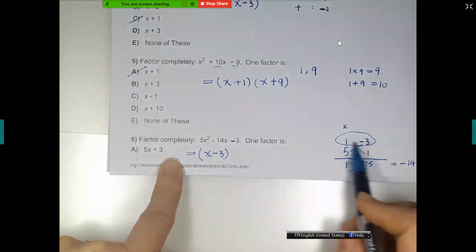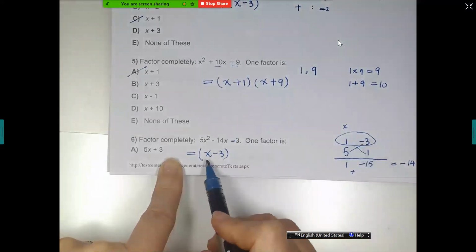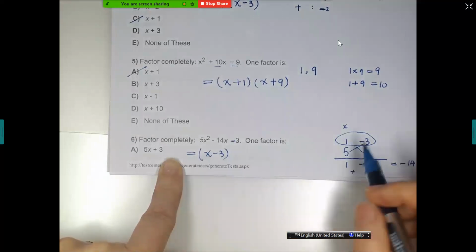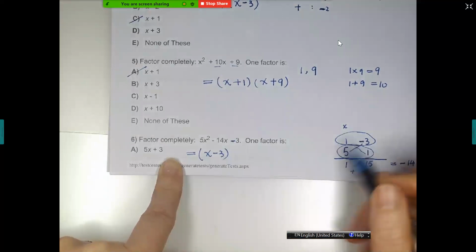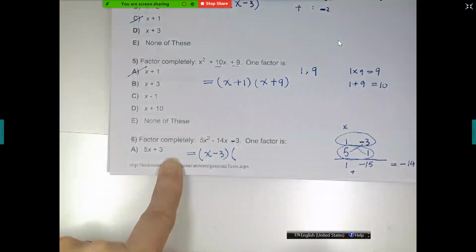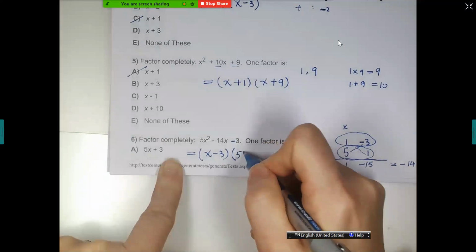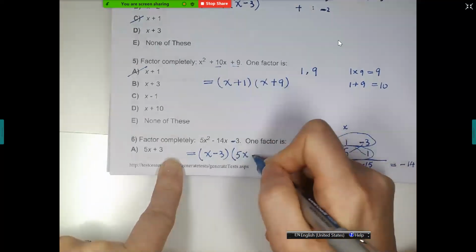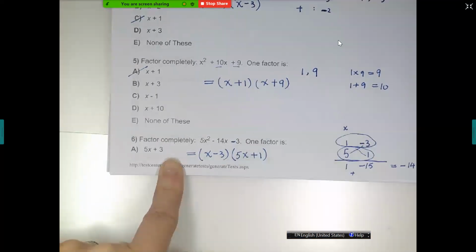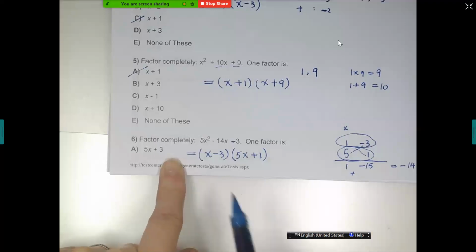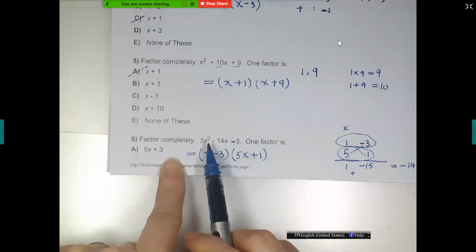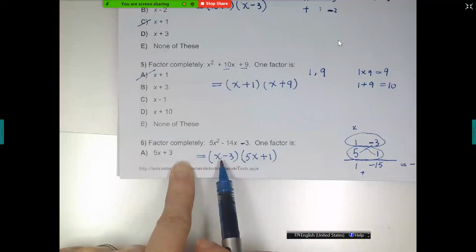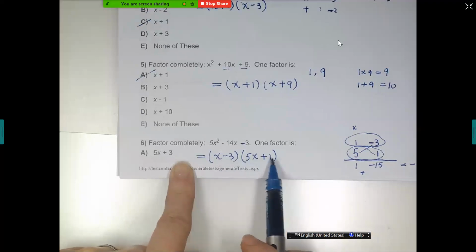So 1 and negative 3 go to the first binomial. Then 5 and 1, those 2 numbers go to the second binomial. 5 followed by x. 1 means what? Positive 1. Final answer. So the complete factorization for this trinomial is x minus 3 times 5x plus 1.